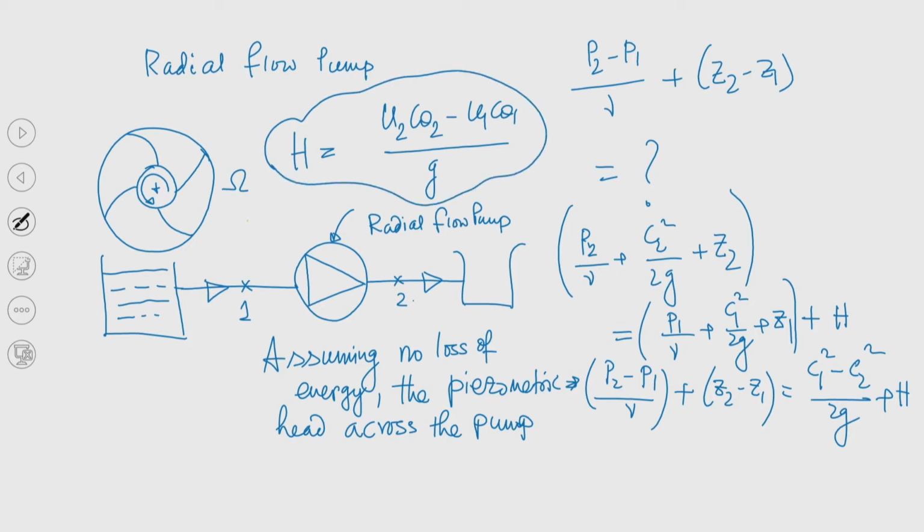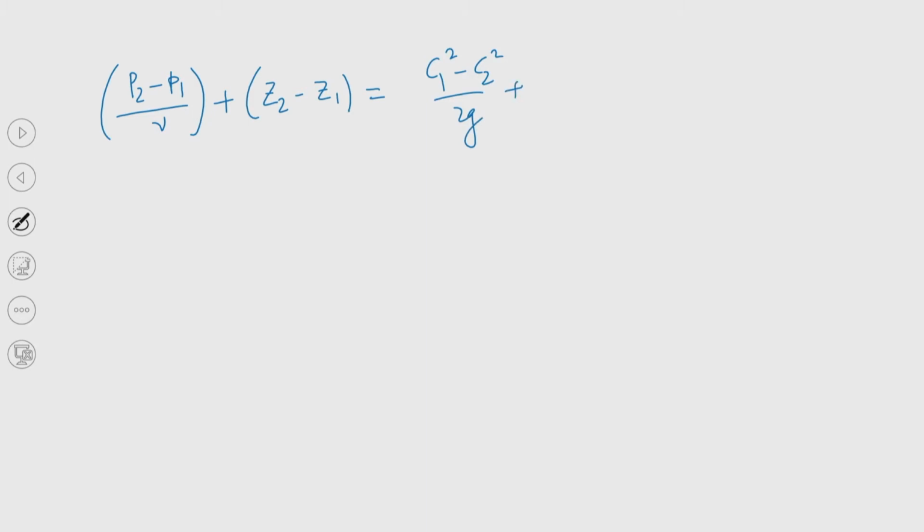So, if we go one step further, then we can write P2 minus P1 by gamma plus Z2 minus Z1 is nothing but C1 square minus C2 square by 2G plus H. What is H?